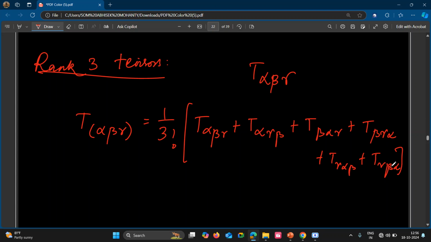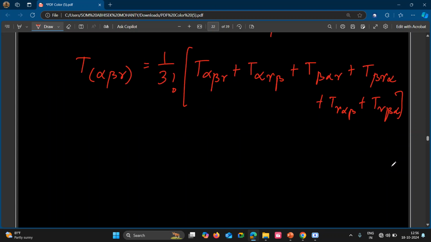So this is your symmetrization. This is completely symmetric, not partial.